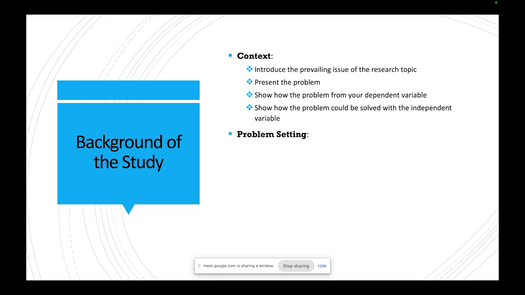Now, in the background of the study, you're supposed to be able to carve out where these problems we've been talking about came from. So what key issues can you talk about in the problem area?